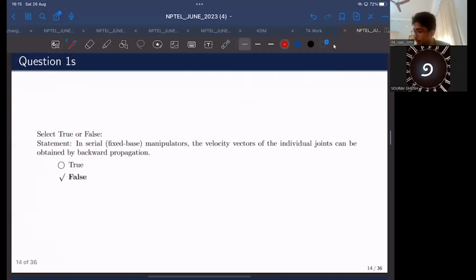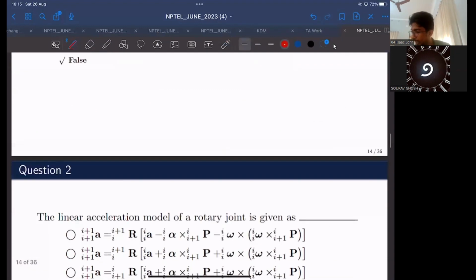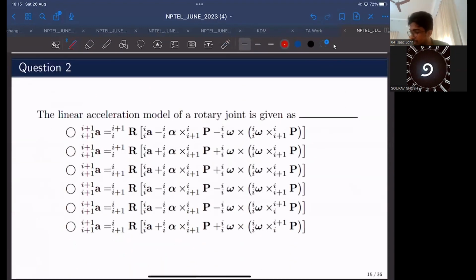Okay, so moving on to question 2. Again, these are expressions for accelerations. It could be a bit tricky to identify which of these equations is correct. But if you apply a bit of logic regarding whatever we have discussed in the session, it could be fairly straightforward.